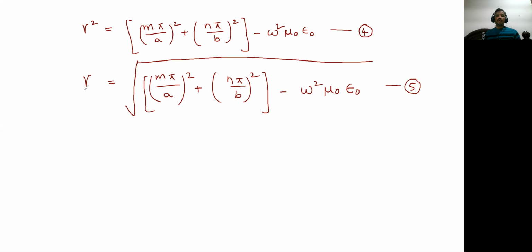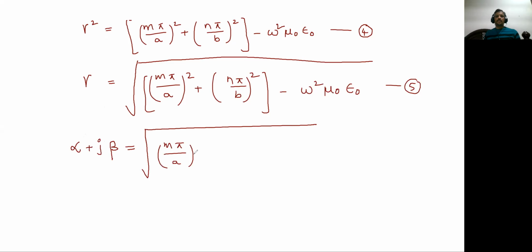Now we can express this gamma as alpha plus j beta is equal to under root of the same expression, which is m pi by a whole square plus n pi by b whole square minus omega square mu naught epsilon naught. Equation number 6.